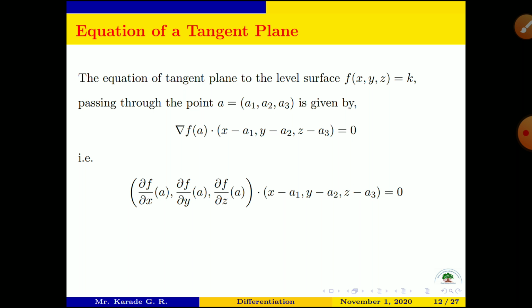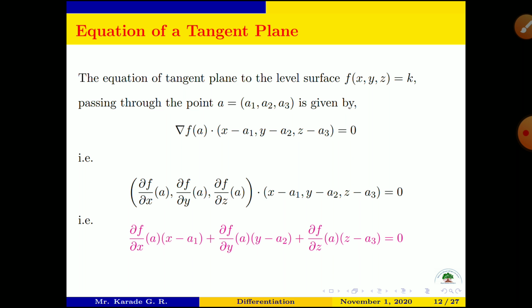Now on the left hand side, take the dot product of these two vectors, and we know that the dot product of two vectors is a scalar quantity. The resultant is ∂f/∂x at a times (x - a1) plus ∂f/∂y at a times (y - a2) plus ∂f/∂z at a times (z - a3) is equal to 0.